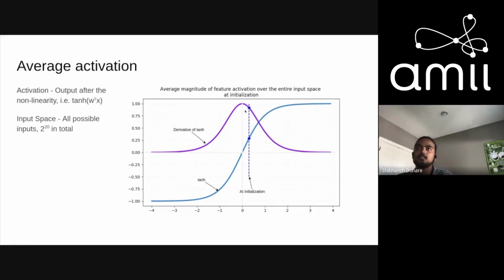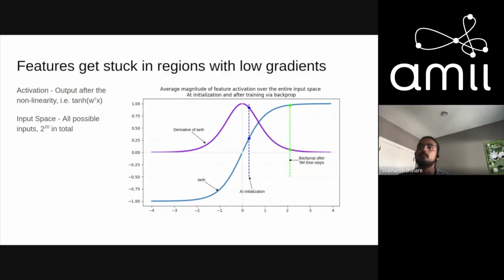So initially, the derivatives are very, very high. Let's look at what happens if I train it after 5 million time steps and what features emerge with backprop. What I find is that these features have a very high activation. And in this part of the space, the derivative is very, very low.